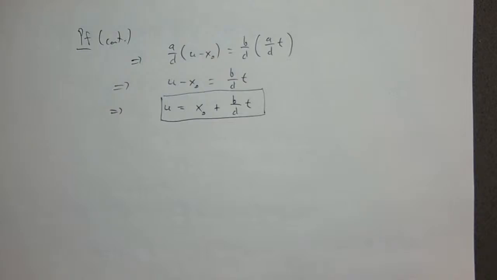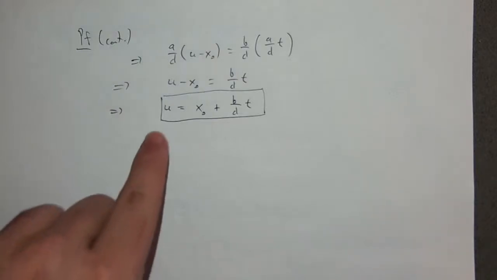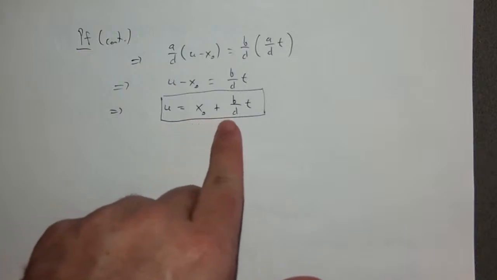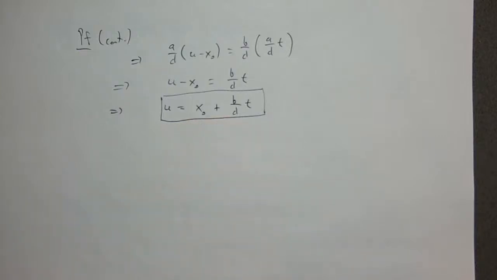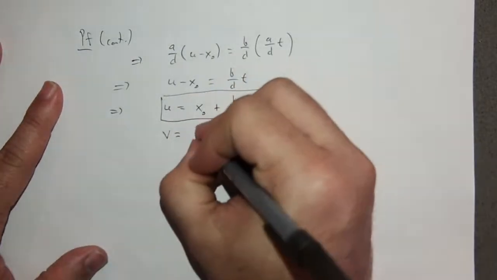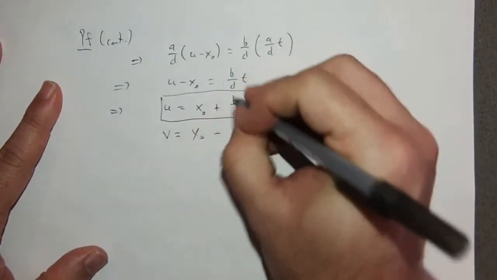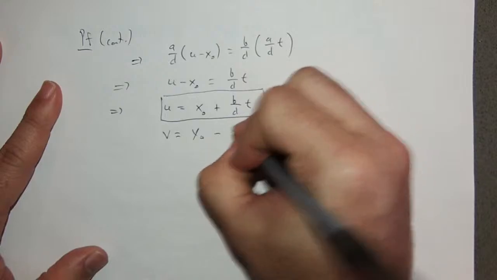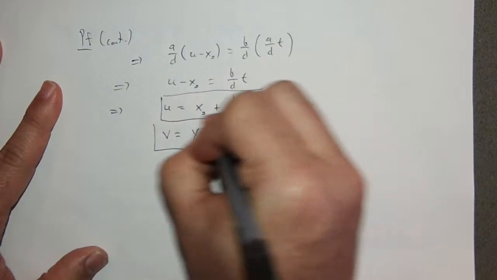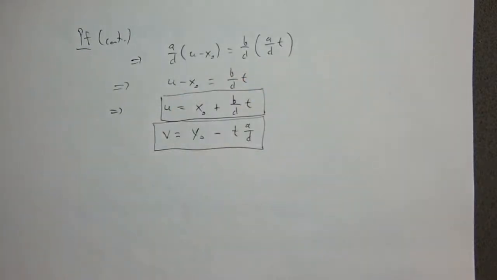So, paying attention to what I've shown here, I got that u has to be x naught plus b over d times t, and rewriting what I found from before, v must be y naught minus t times a over d. Didn't write it in the same form, but there we go.